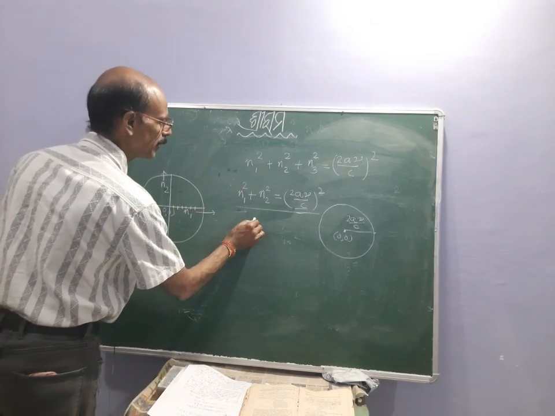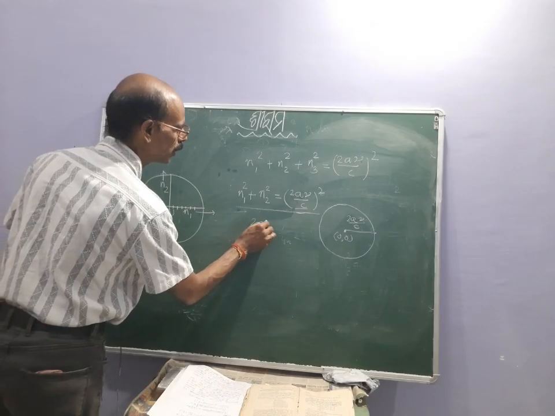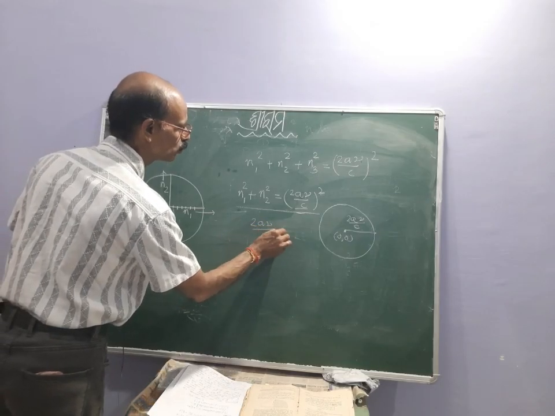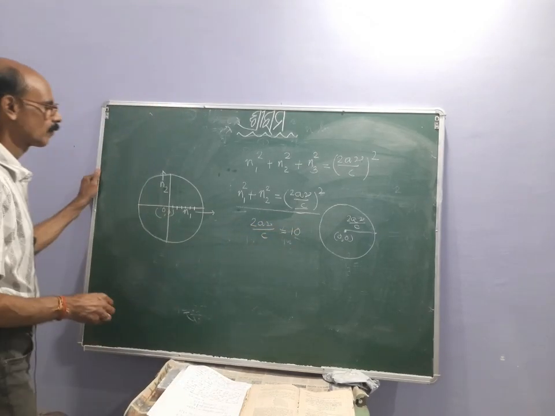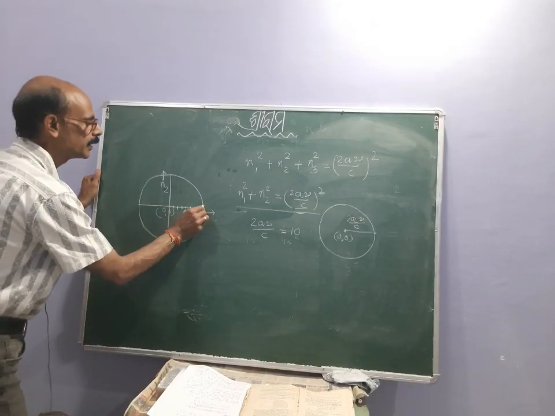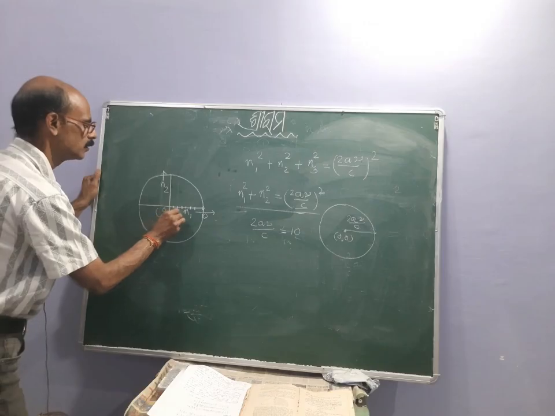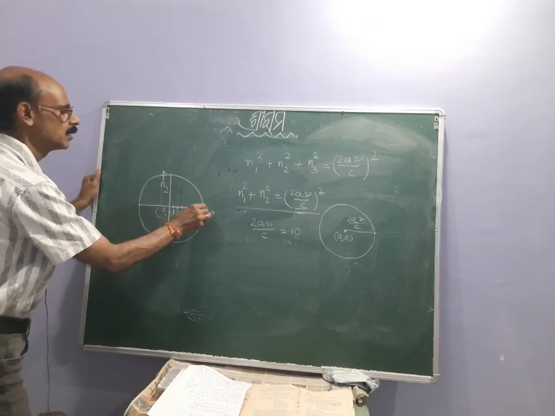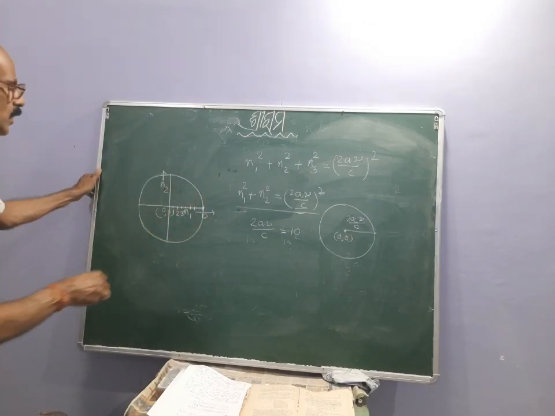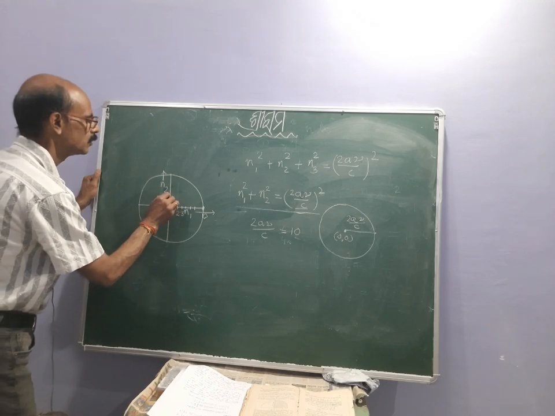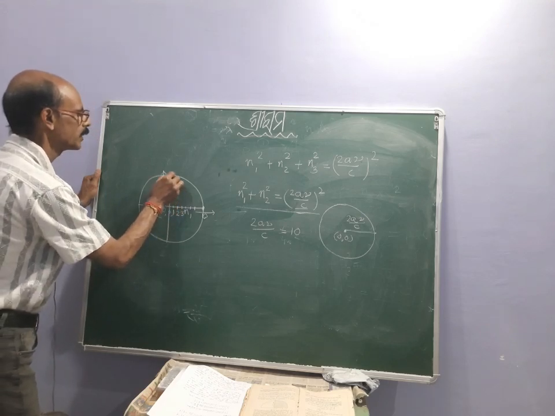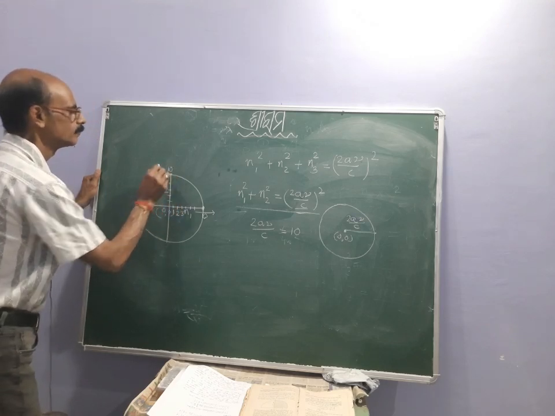For example, let me take 2a nu by c is equal to 10. So here I will have 10. This is 1, 2, 3 up to 10. Similarly this side 1, 2, 3, 4 like this. Here it will be 10.